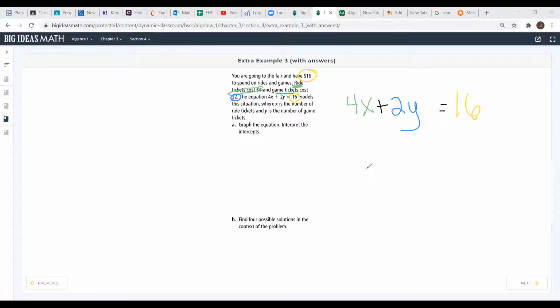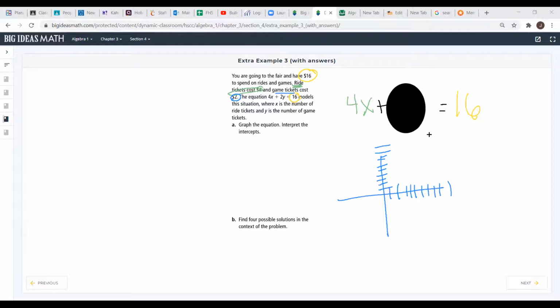And so if I'm going to graph this, remember that, and I'm going to use this to help me out. Remember, if I want to find the x-intercept, I'm going to plug in a 0 for the y.